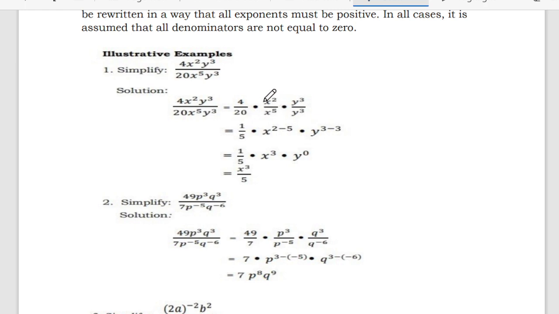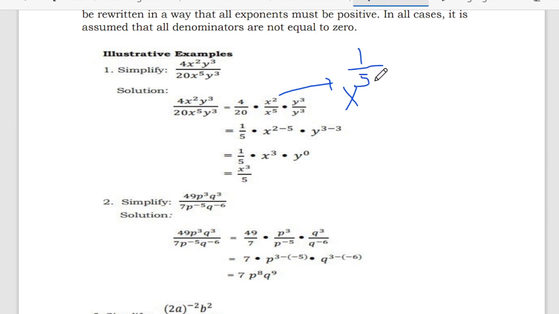Then here, you can also use this one, the n greater than m, so x raised to 5 minus 2. You can just do that directly. Why did this become positive? Okay, this is wrong.